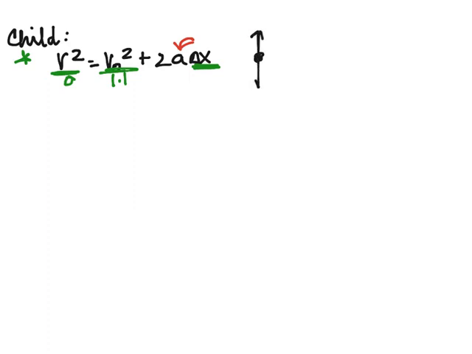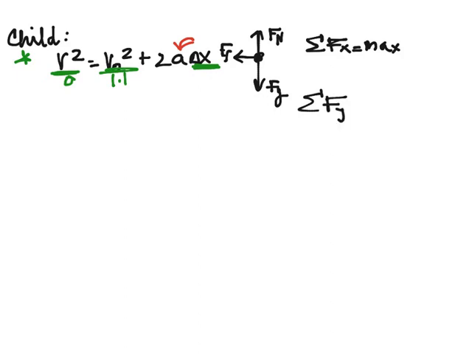I have the same free body diagram as the mother, of course, just different numbers, friction going in the opposite direction of movement. In the child's case, I have sigma Fx equals max, and sigma Fy equals may.